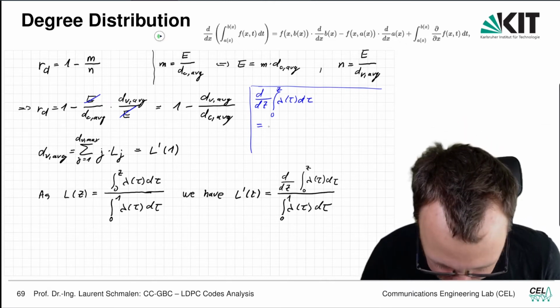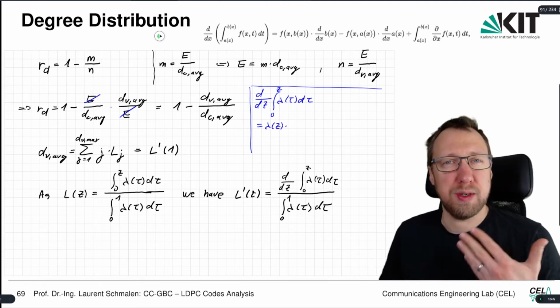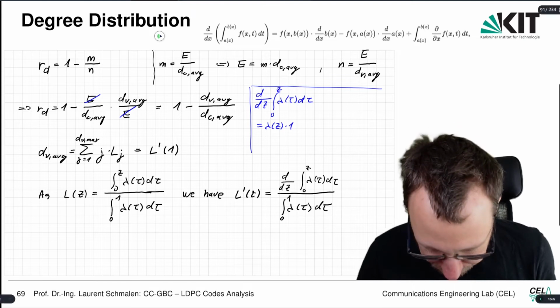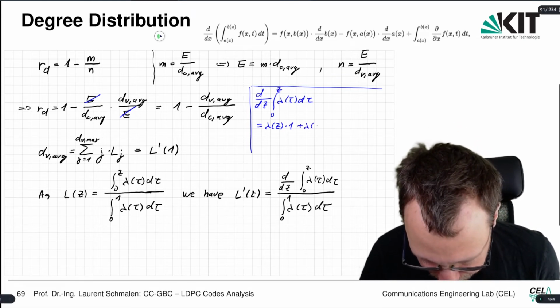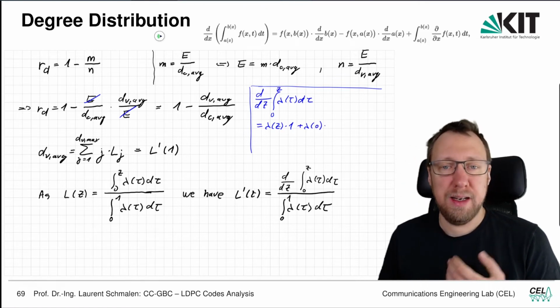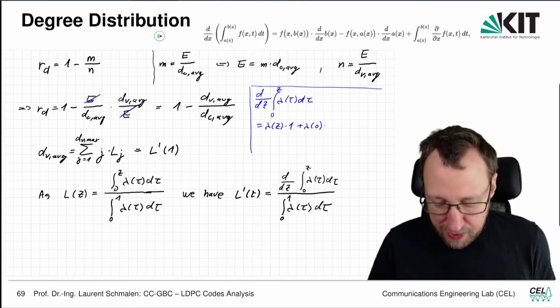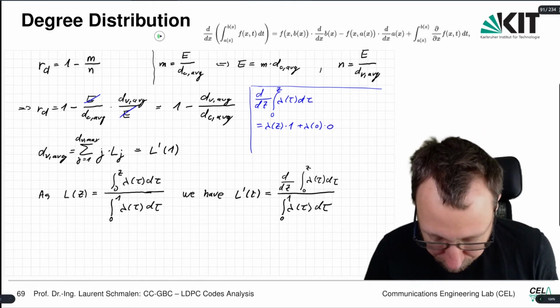So this is lambda of z times the derivative of the upper limit with respect to z, which is equal to 1, minus the function evaluated at the lower limit, lambda of 0, times the derivative of the lower limit with respect to z. This is a constant. The derivative of a constant is equal to 0.